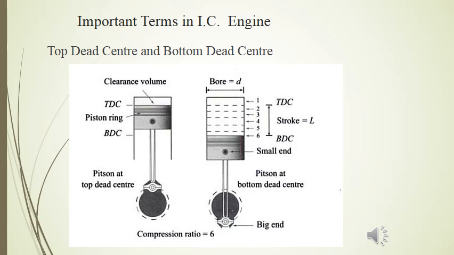Now the volume that remains beyond that is defined as clearance volume. So clearance volume is the volume to which the charge, that is air fuel mixture or air, is confined at the end of compression stroke.